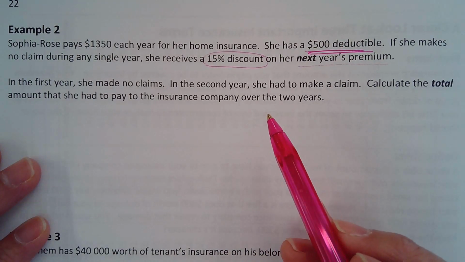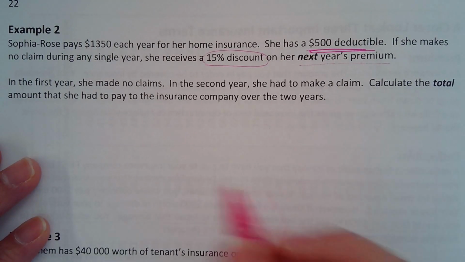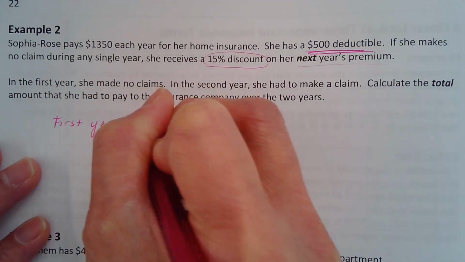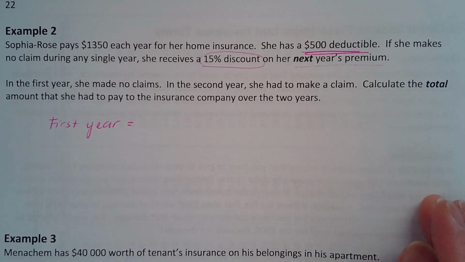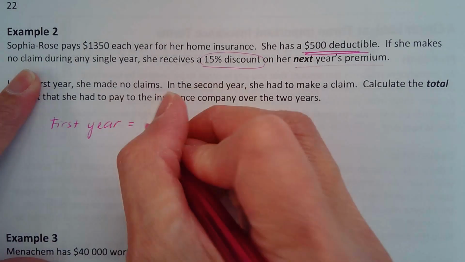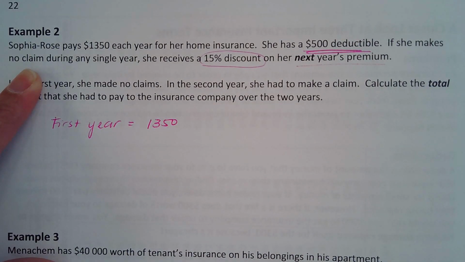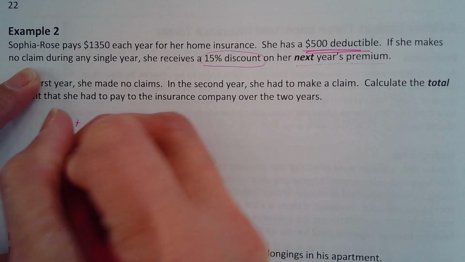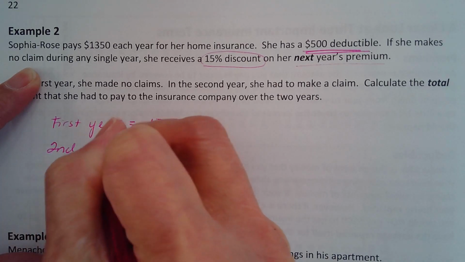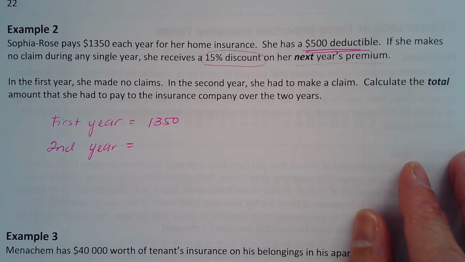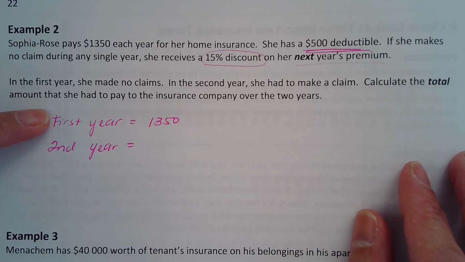So, okay, first year, how much is her insurance? Okay, it's $1,350. Is that okay? And then the second year, okay, on the first year she pays $1,350.